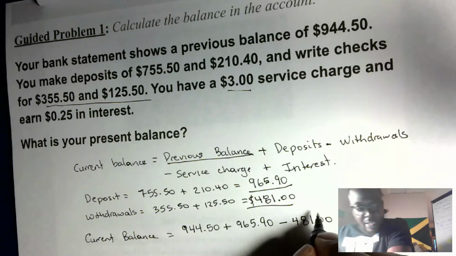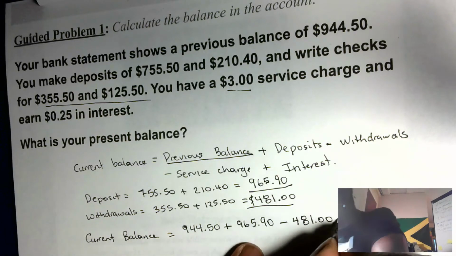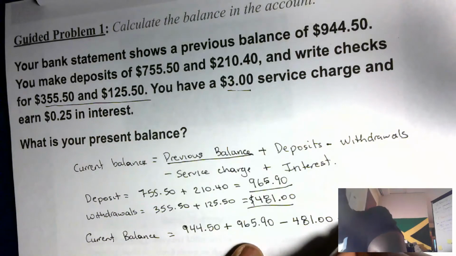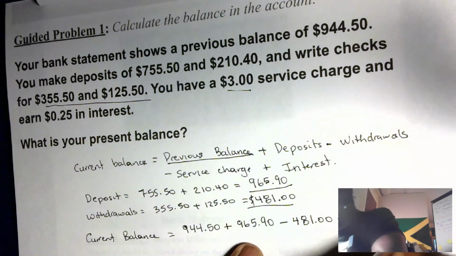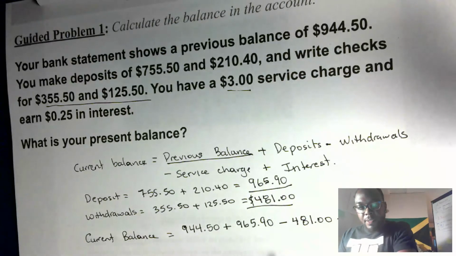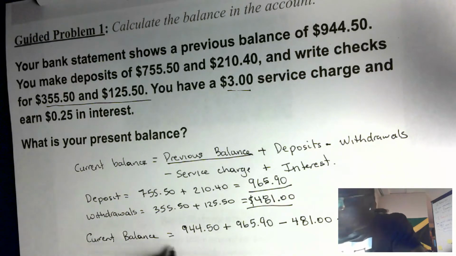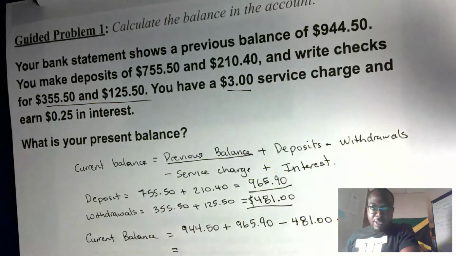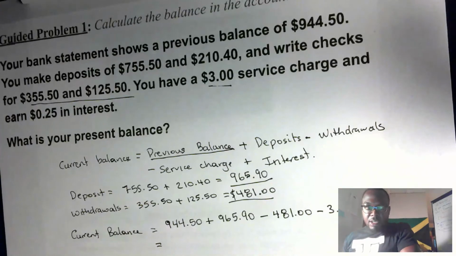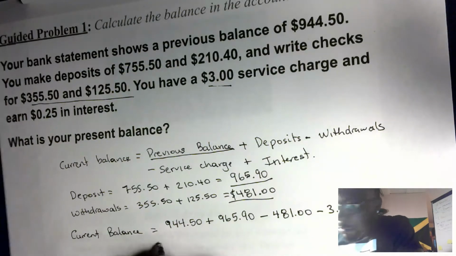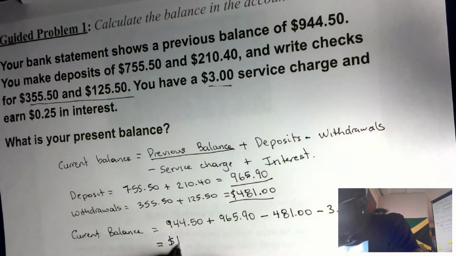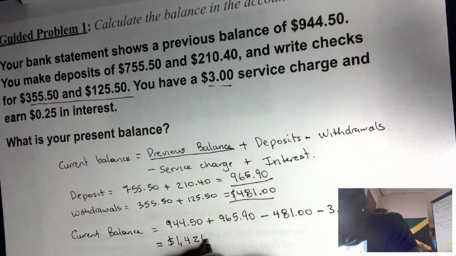Then we're also going to subtract the service charge, which is $3, and then add our interest, which is 25 cents. Once I plug this into my calculator, it gives me a total of 1,426.65.